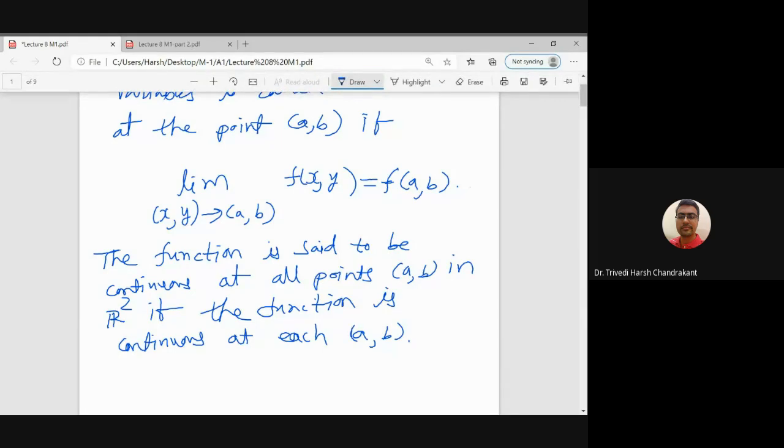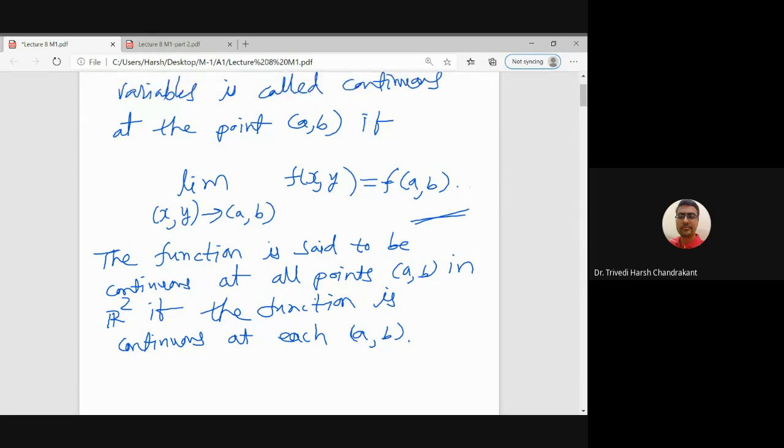So basically that satisfies this definition. For every point (a, b), then the function is continuous everywhere.